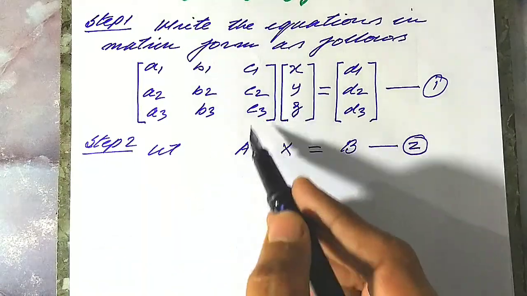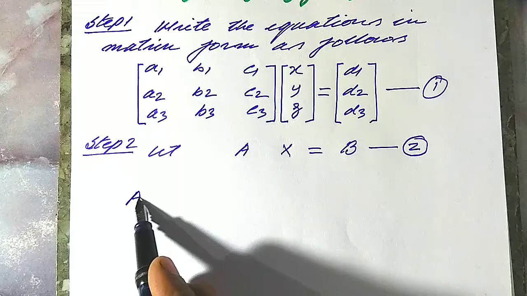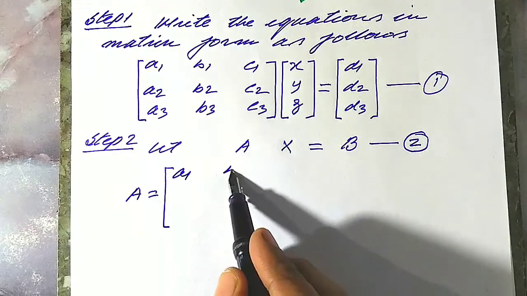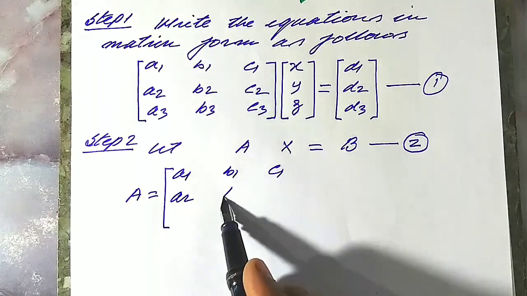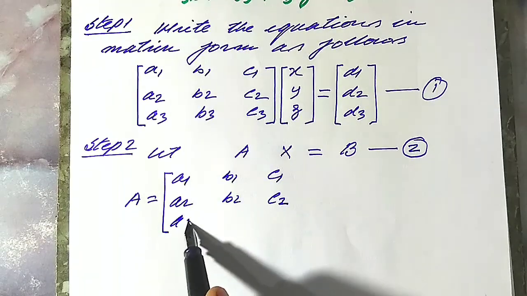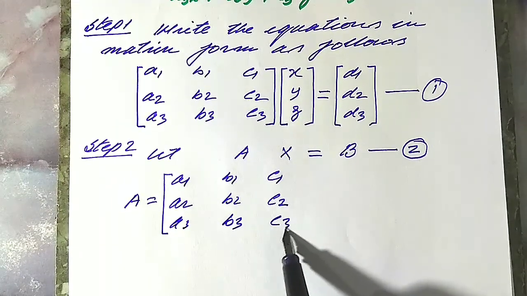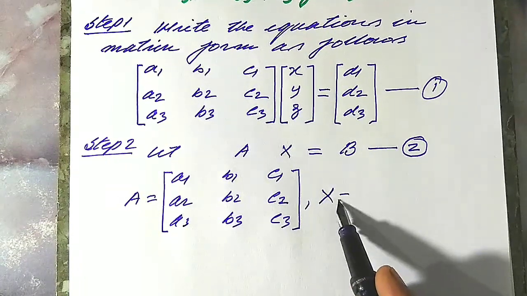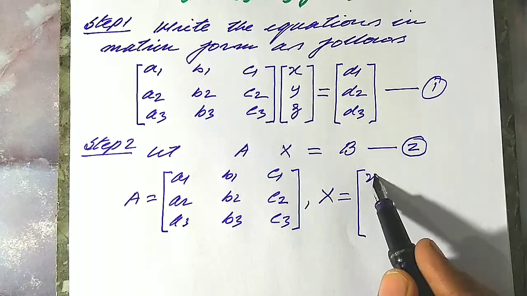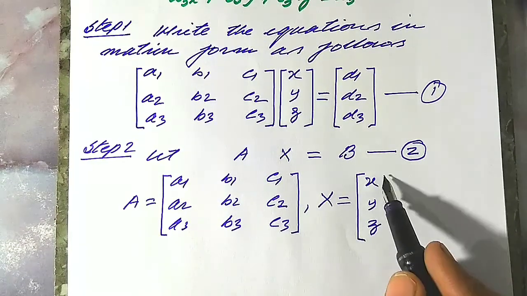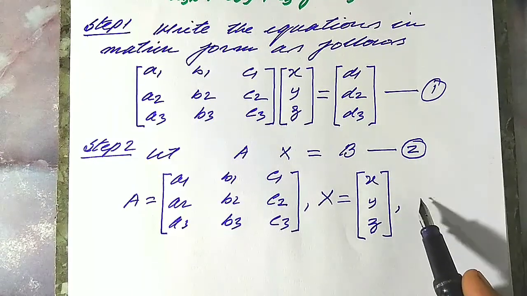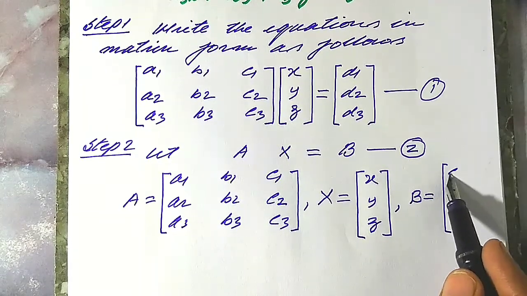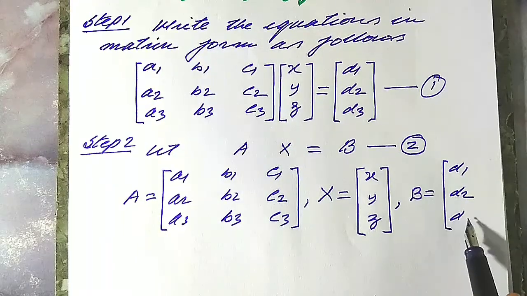Then comparing these two equations, it's clear that A is equal to matrix a1, b1, c1, a2, b2, c2, a3, b3, c3, and X is the column matrix x, y, z, and B is the column matrix d1, d2, d3.